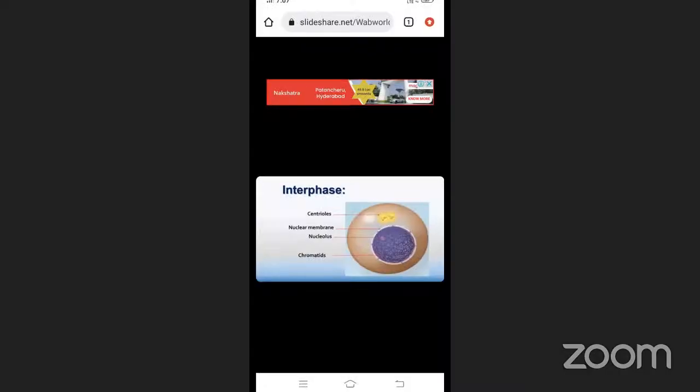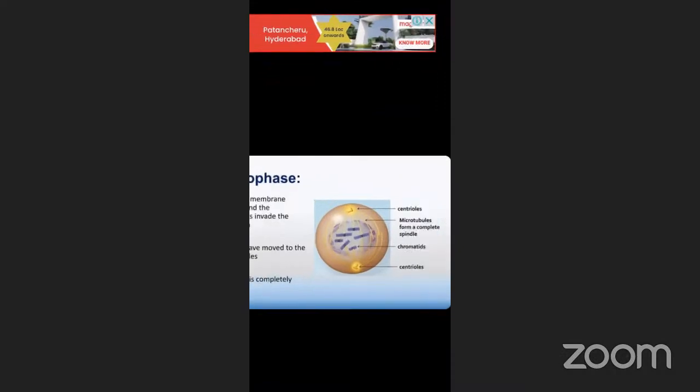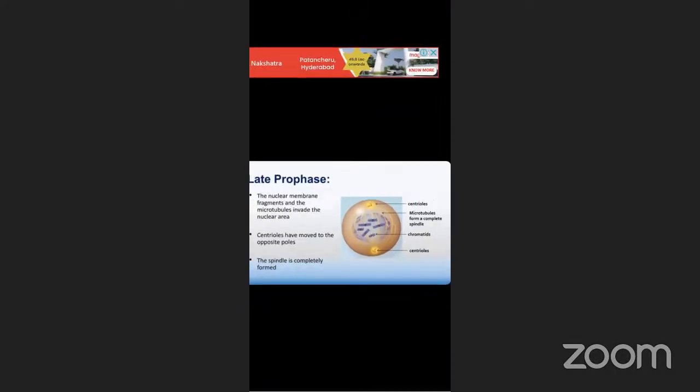This is the prophase stage of the cell. In early prophase, the chromatin is spread out in a network-like structure.